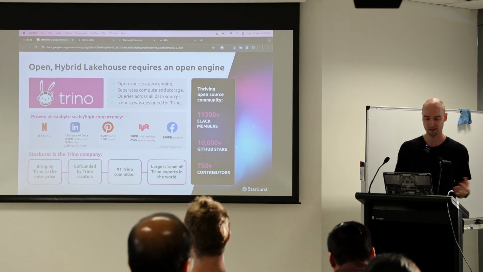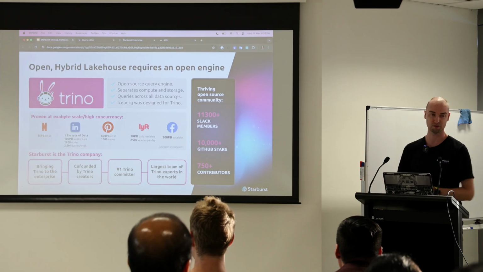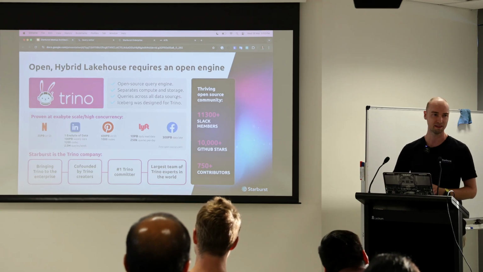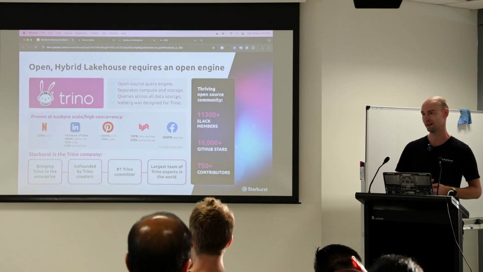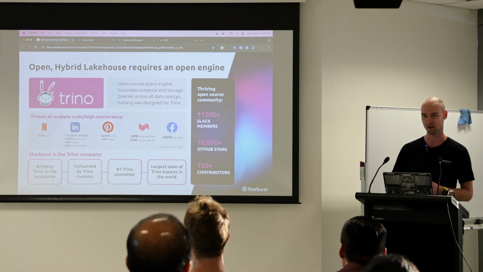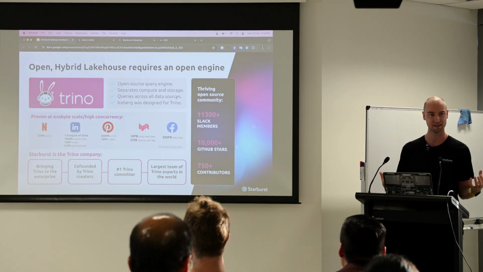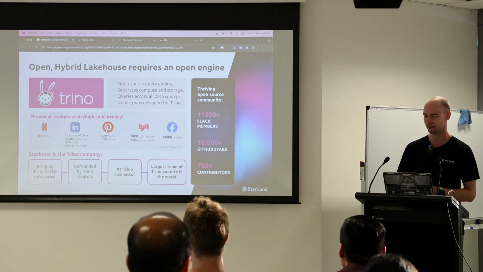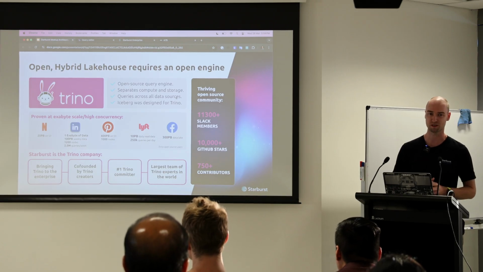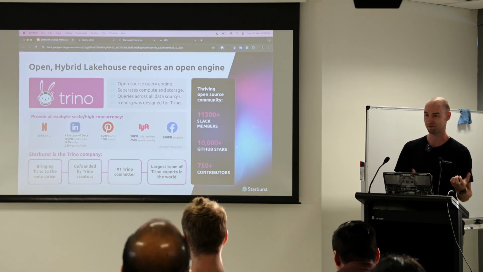Starburst, as a company, originated from this group of creators to build enterprise services around a query engine that an enterprise can adopt, because an enterprise needs things like security and governance. They need an ingestion framework. They need both batch and interactive analytics at scale on top of that data lake. Martin will talk about how Trino was used to solve a problem that they had at Facebook.